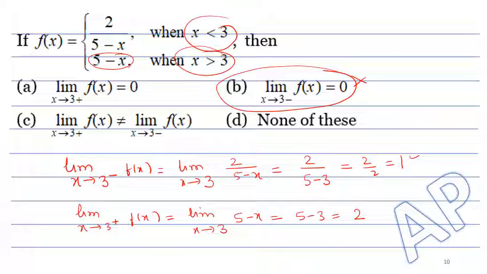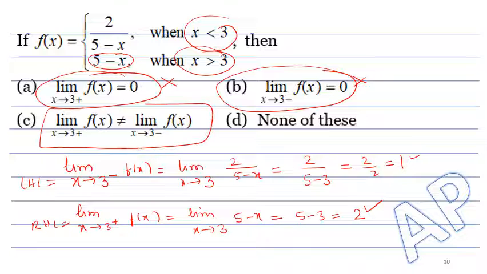So clearly the left hand limit is not equal to the right hand limit. And here it is given that the limit of f of x as x tends to 3 plus is 0, but this is equal to 2. So option A is also not correct, option B is also not correct, and it's very clear that the left hand limit is not equal to the right hand limit, that is option C is the correct choice.